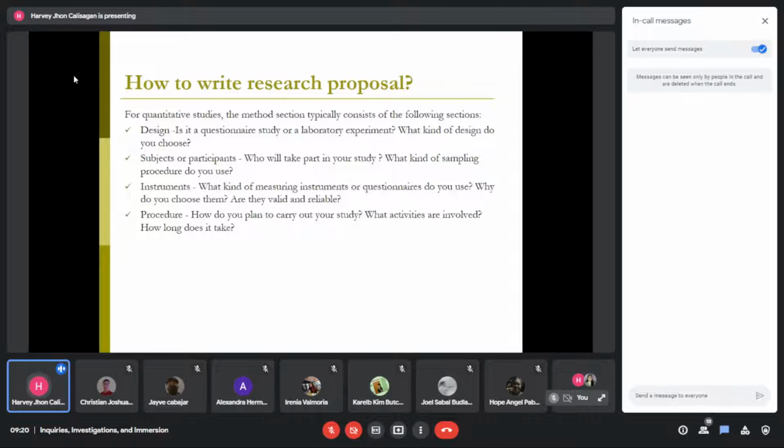For the procedure, this is how you carry out your study. In what way are we going to conduct our procedure? Actually, you have that part in your method, especially in the scope and limitation of the study, where even the respondents, the place, and the time are included.